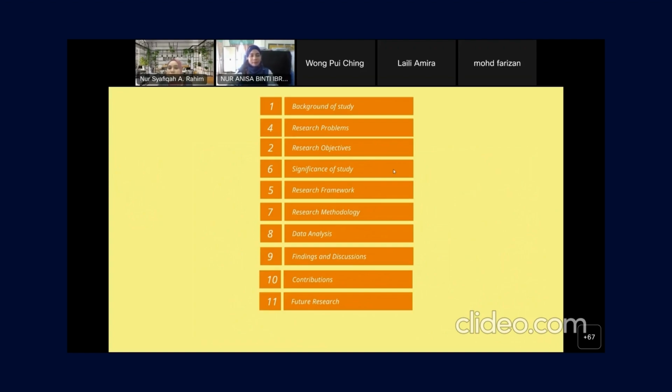The first is the background of your study. The research problem. Research objective. Significance of your study. The research framework, research methodology, data analysis. The findings and discussion. The contributions, and the future research.